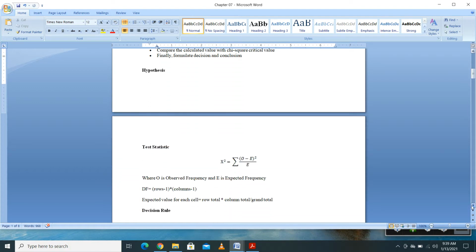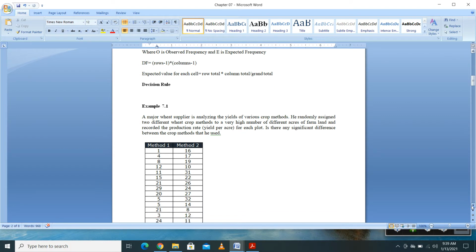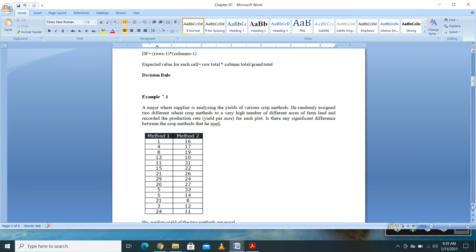If you look at this, this is the question type. It says a major wheat supplier is analyzing the yields of various crop methods. He randomly assigned 2 different wheat crop methods to a very high number of different acres of farmland and recorded the production rate, that is yield per acre, for each plot.